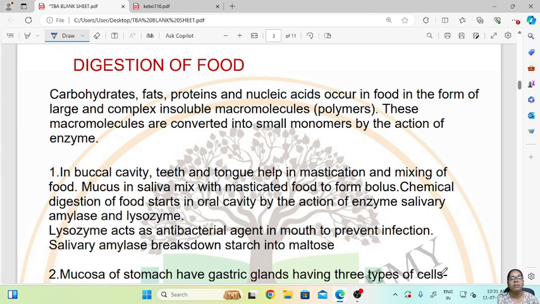Mucus in the saliva mixes with the food to form a bolus. Chemical digestion of food starts in the oral cavity by the action of the enzymes salivary amylase and lysozyme. Lysozyme acts as an antibacterial agent in the mouth to prevent infection, and salivary amylase breaks down starch into maltose. So the complex carbohydrate present in the form of starch is broken down into maltose by the salivary amylase produced by the salivary glands.